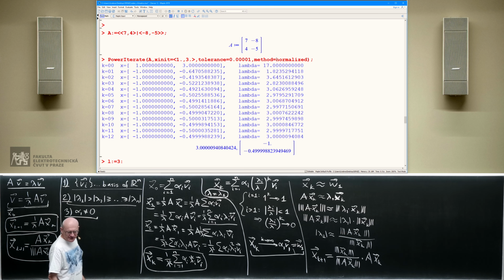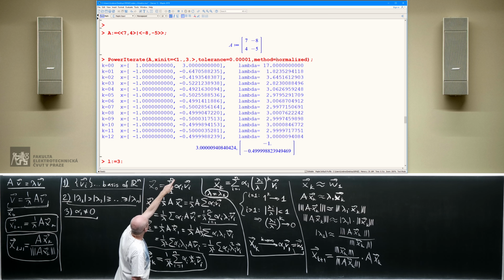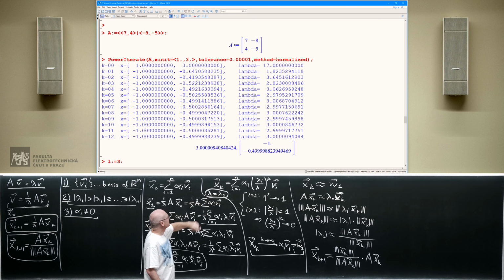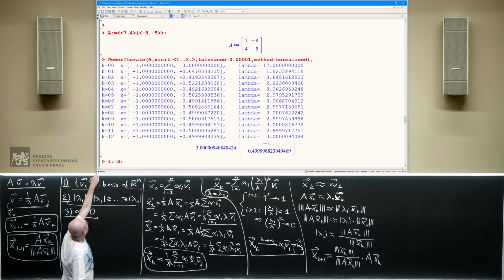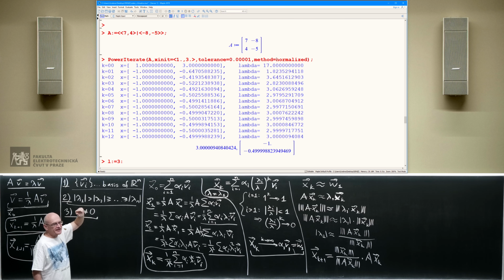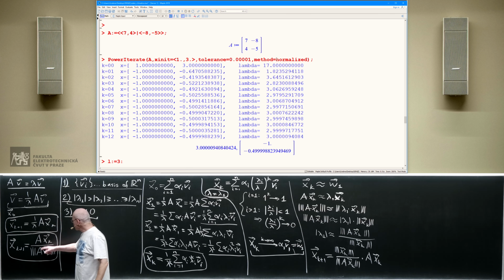Bang. 12 iterations. What do we see on the left? On the left we see vectors. These are the xk's. And they all have 1 for the, or almost all of them, for the first coordinate. And this is not an accident, because remember, we are normalizing vectors, and I'm actually using the infinity norm, which is the maximum of the coordinates.